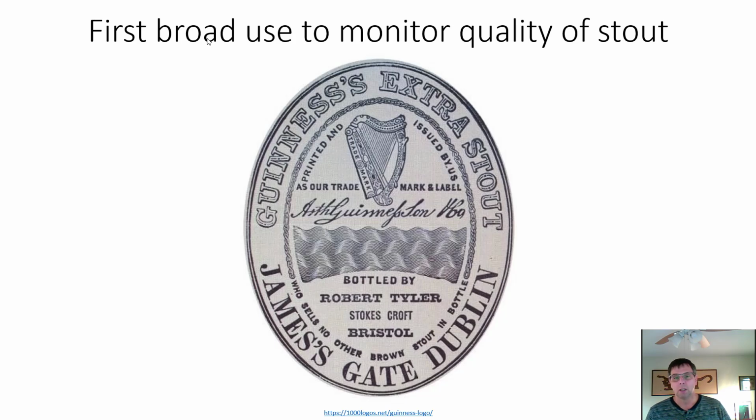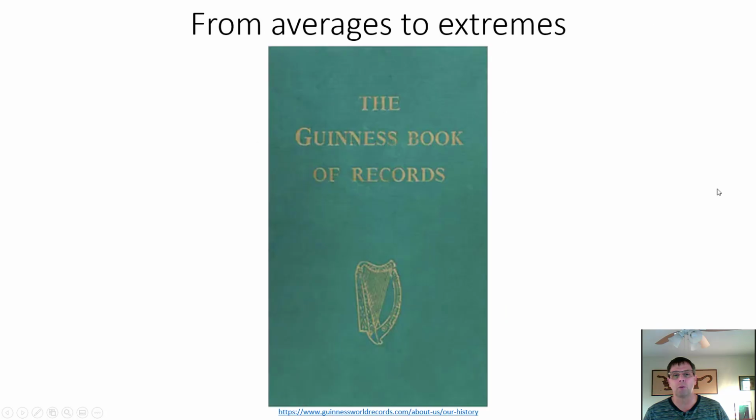Of course, if you know anything about the Guinness Company, they are also responsible for the Guinness Book of Records, at first in the mid-1950s, and now the Guinness Book of World Records. They went from looking at averages and difference of averages or means to the very farthest extremes.